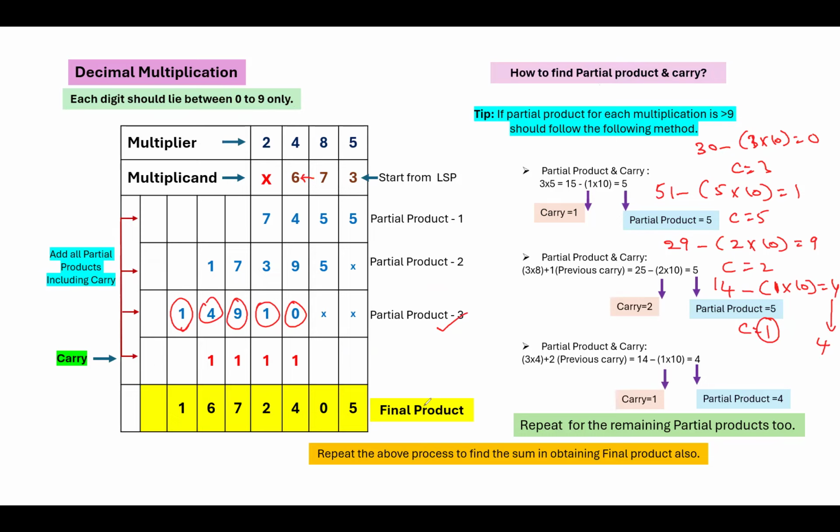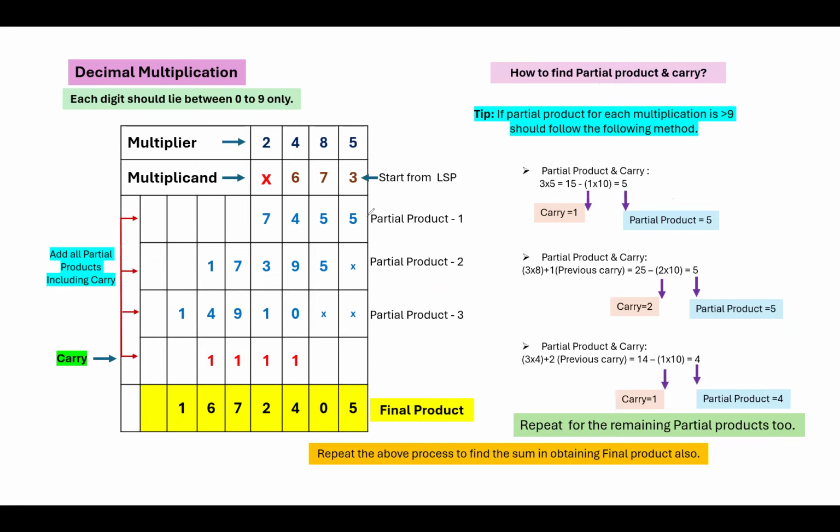Next partial product 3. Now we should add all these partial products along with the carries. Okay, now this is 5. 5 plus 5 is 10. 10 means it is greater than 9. We should follow the decimal addition method. That means 10 minus 1 into 10 is equal to 0.